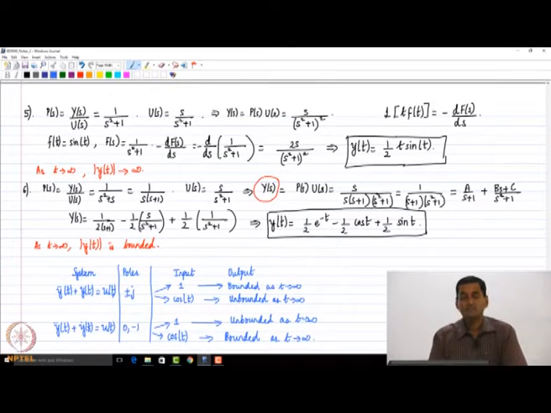Now, what do you think is happening here? Would you call these systems stable, unstable, or something in between? Both are unstable?